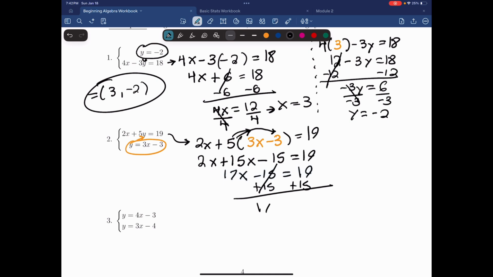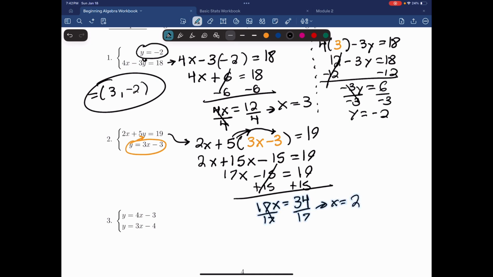That cancels, and we get 17x equals 34. And now, to solve for x, I'm going to divide by 17 on both sides. And we get x equals, 34 is actually divisible by 17, and that equals 2.